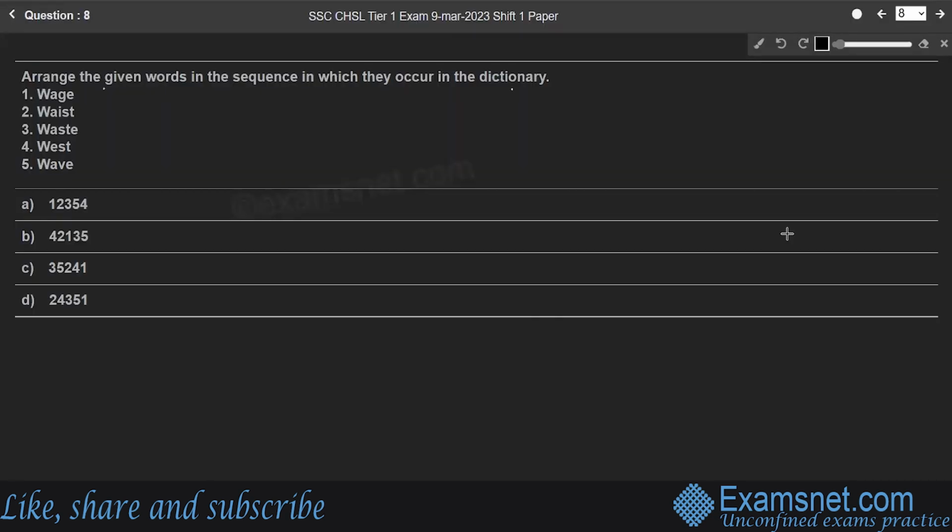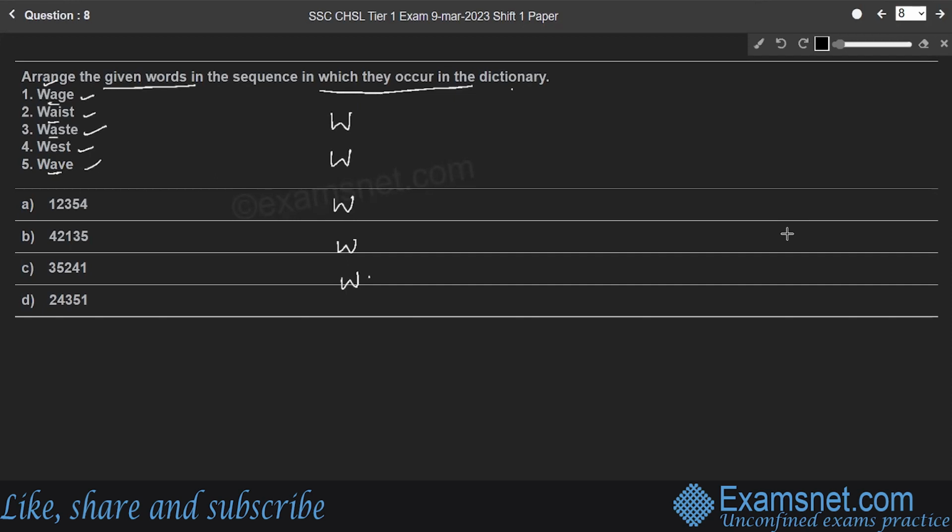Question number 8. Arrange the given words in the sequence in which they occur in the dictionary, right? Here are 5 words: wage, waste, west, and wave, right? So we'll consider W, right? Here W is a common letter, right? So in all the 5 given words, W is common, and the second letter is A, right?